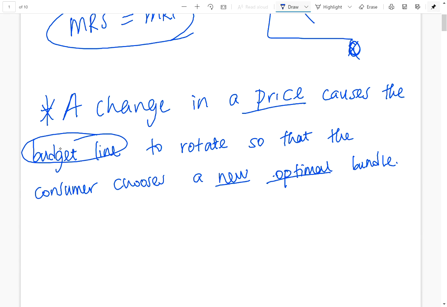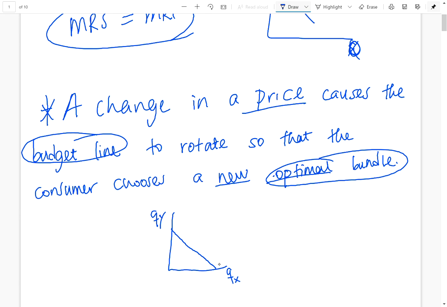Certain key terms in here. One of them is budget line, and we did underline price and new. The other is optimal bundle. So what are we talking about here? Well, we're talking about our consumer constraint choice, right? So we have Q, quantity of Y, quantity of X, and there's this budget line basically telling us what the consumer can afford. Where at this point, if everything that the consumer earns is being spent on good Y, this is what they can buy. If everything the consumer can afford is being spent on good X, this is what they will buy, and everything else in between that they can afford.